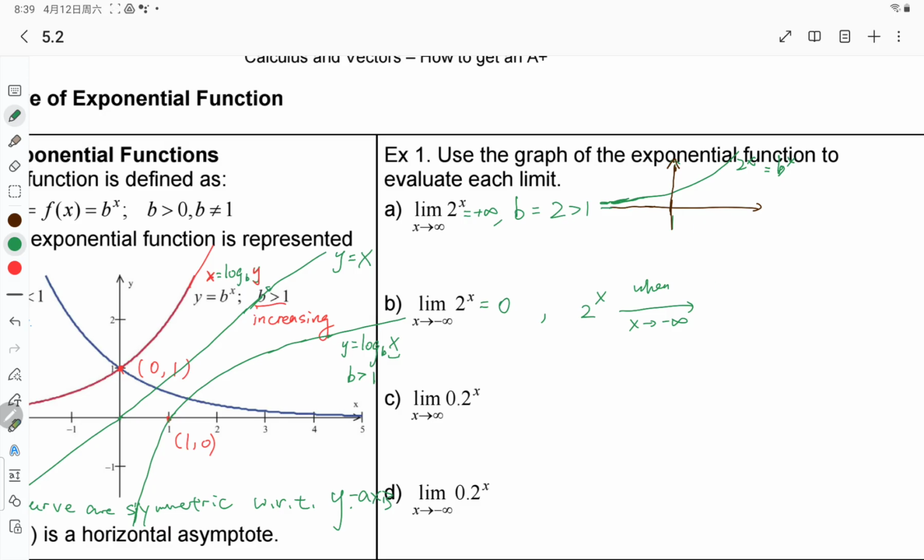A horizontal line is always like y is equal to something, right? So this is y equal to 0. Make sure you don't write that the asymptotic line is x is equal to 0, right? Because the height is the same. So for a horizontal line, the height is the same. So we always write y is equal to something, right? This is the horizontal line.